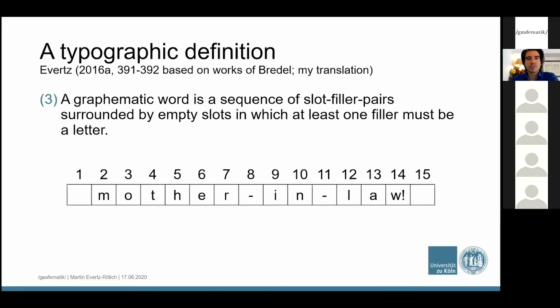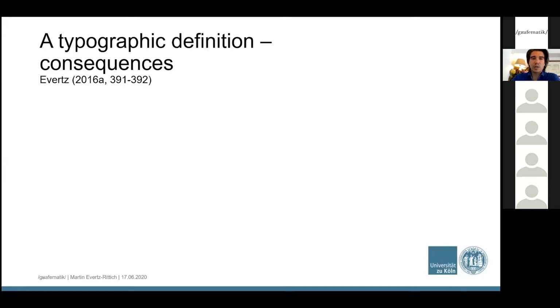So my proposition for a typographic-based definition is: a graphematic word is a sequence of slot filler pairs surrounded by empty slots in which at least one filler must be a letter. You see an example of a graphematic word according to this definition down below. You see 15 segmental slots, 13 of them are occupied. These are slots 2 to 14, and in slot 14 you see a clitic cliticizing on a filler, in this case W. Now, what are the consequences of this definition?